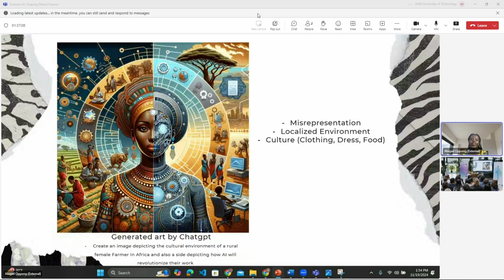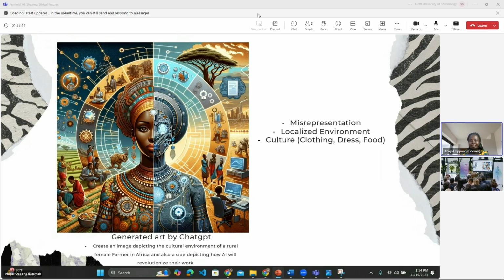Before that, I also asked ChatGPT to give me an image where half of it represents how African women in the agri sector are, and the other half how it will be in the next 5 years. The left side represents African women today, that's GPT, and the right-hand side represents how African women will be interacting with these technologies in 5 years to come.